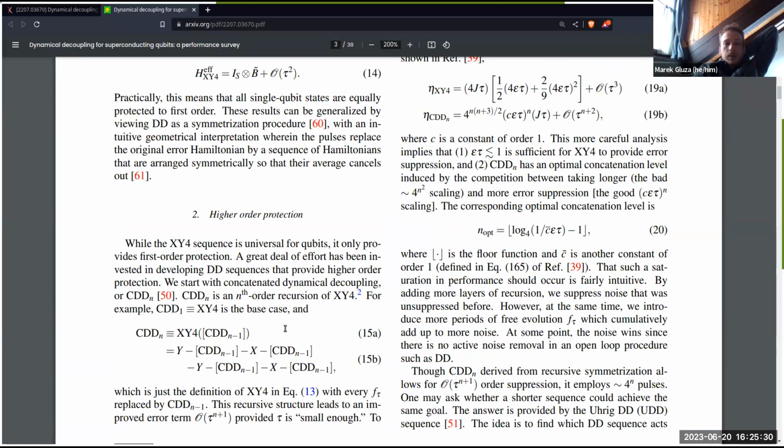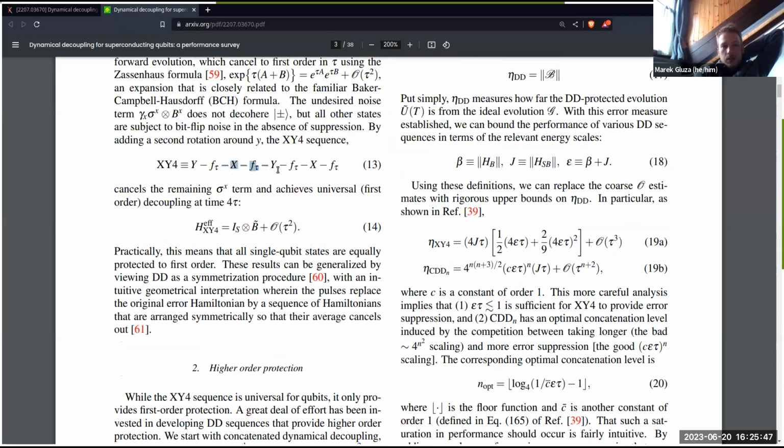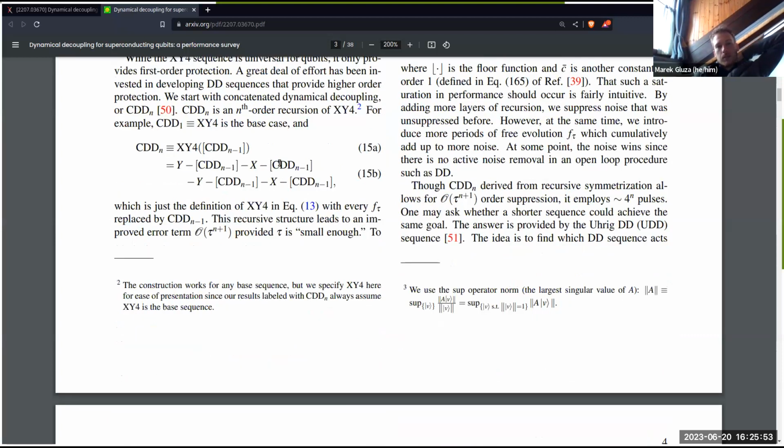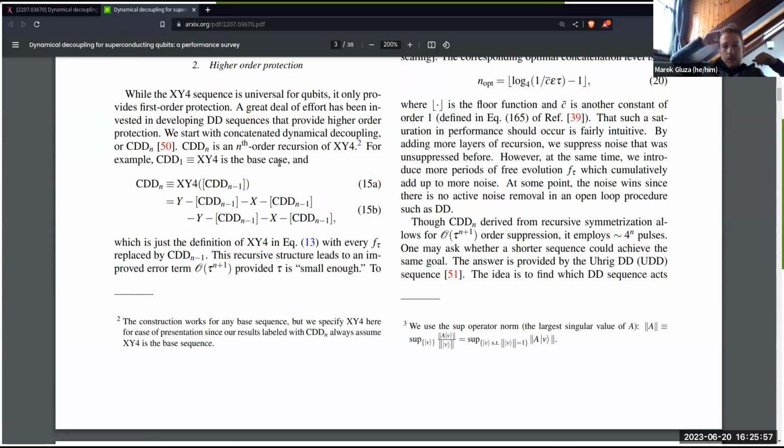Okay. Higher order protection is basically doing it recursively. Okay. So there are nested concatenated dynamical decouplings that are just nesting starting from this XY4 sequence. XY4 sequence, we know what it is. You use X conjugations to remove X terms, and then you use Y conjugations to remove Y terms. Okay. And now you could refine this, always taking shorter pulses and so on.